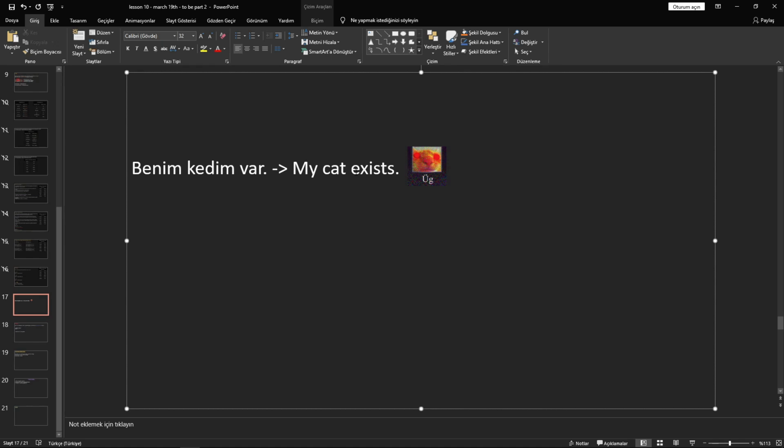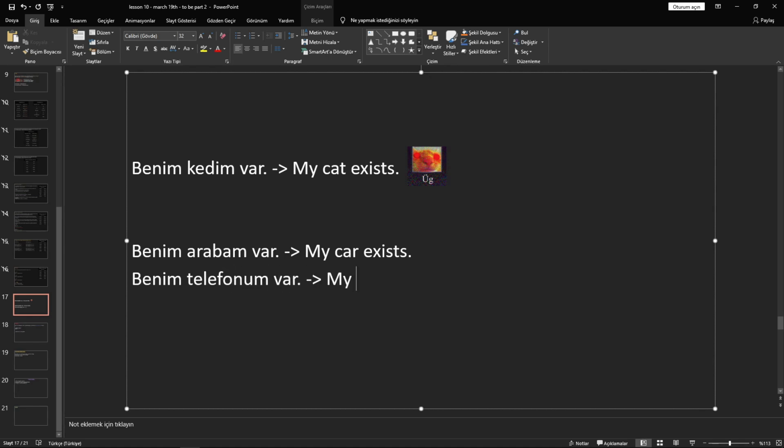This can be confusing or weird, but when we say I have in Turkish, we actually say my something exists. Or like the previous examples, benim arabam var. That actually means my car exists. Benim telefonum var. My phone exists.